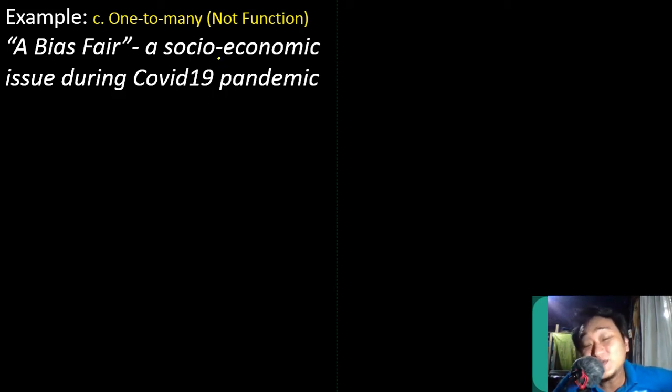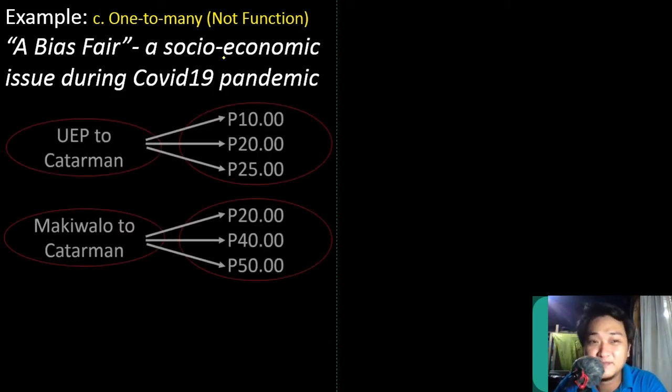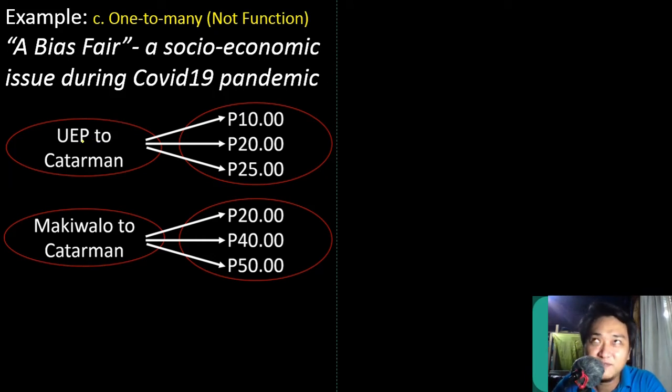Kumonti yung mga pasahero, may mga pumapasada tayo na naniningil ng sakto, may naniningil ng sobra, tapos iba-iba. So kunyari, from UEP to Katarman, may sumisingil ng 10 pesos, may sumisingil ng 20, may sumisingil ng 25.